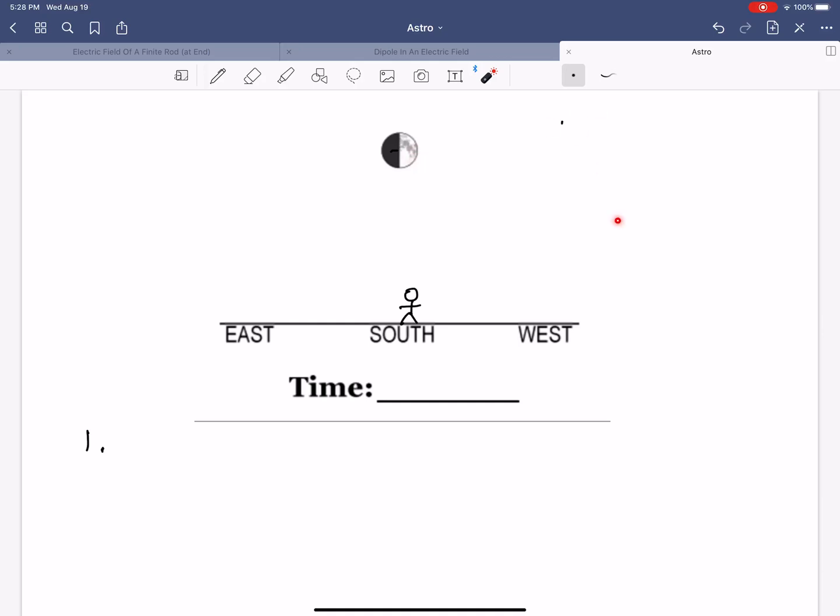So the sun has to be somewhere over here, in the western half. Determine whether the sun is up, down, left, or right of the moon.